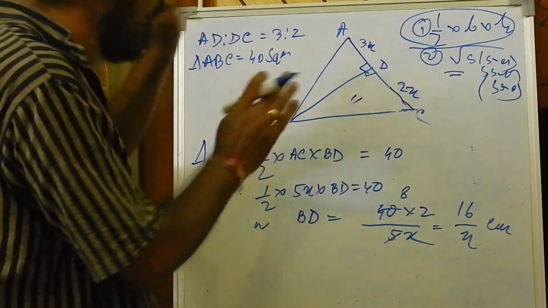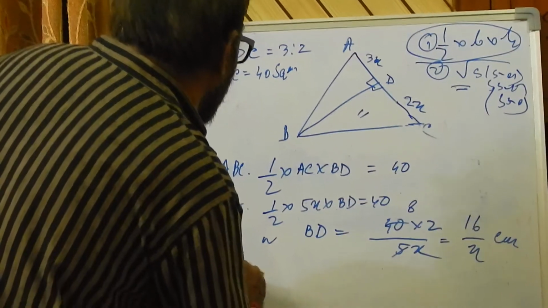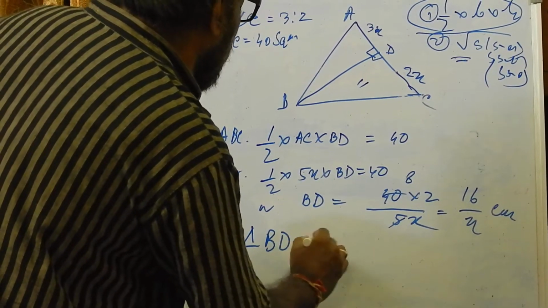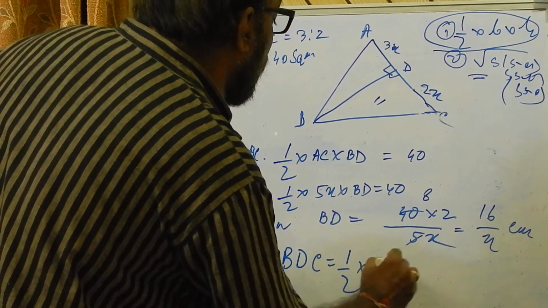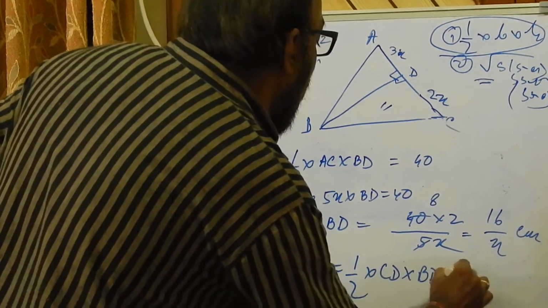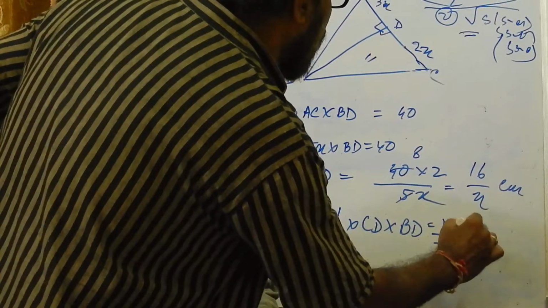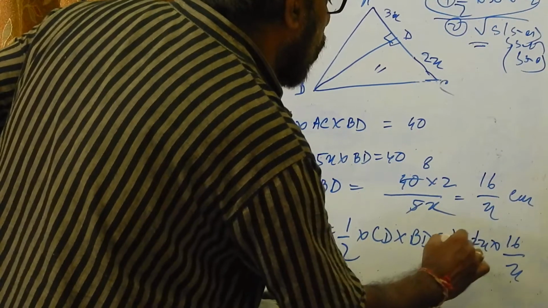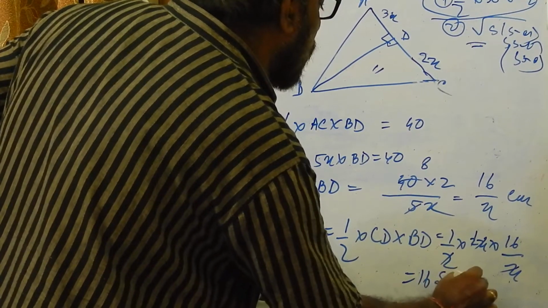So why don't you apply this formula? So area of BDC equal to half into base CD into height BD, equal to half into CD 2x and BD 16 by x. So it is 16 square centimeter.